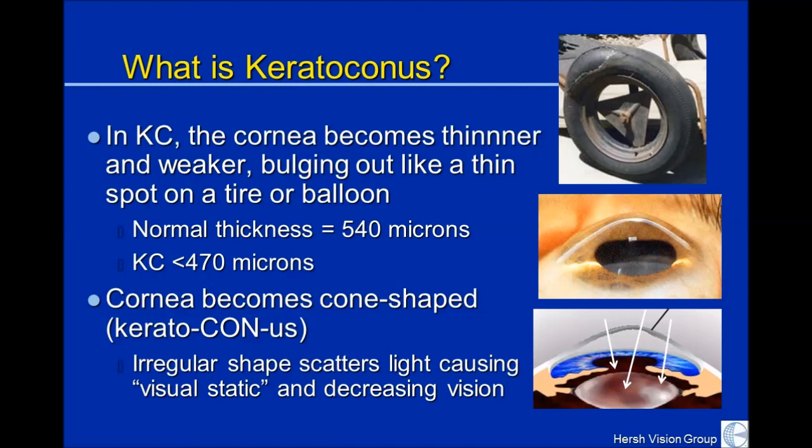It's similar to having static on your television. Rather than having clear, crisp signal light, there is visual static, so to speak, and this visual static both diminishes your visual acuity, but also, as you know, diminishes your visual quality.